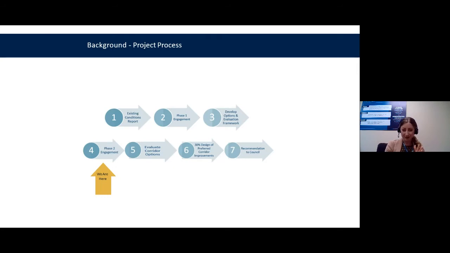So the goal now is to have a 30% design of our preferred corridor finished by the end of this fiscal year. And from that 30% design, we'll have a recommendation to council for the final route going through the community of Dartmouth North. So that's a high-level overview of the project and where it stands at this moment.